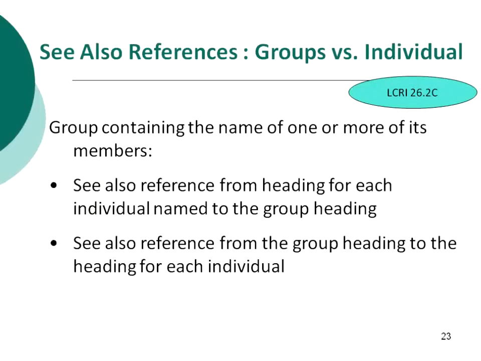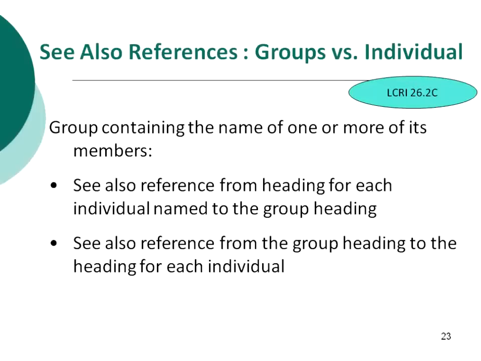See also references, groups versus individuals. This refers to groups containing the name of one or more of its members. So you have a group name that contains the name of one or more of its individuals.